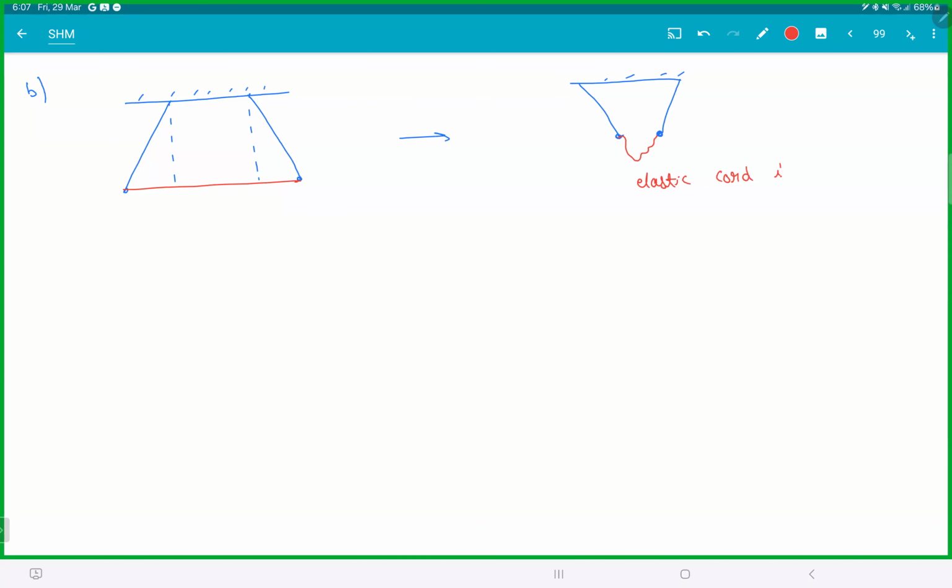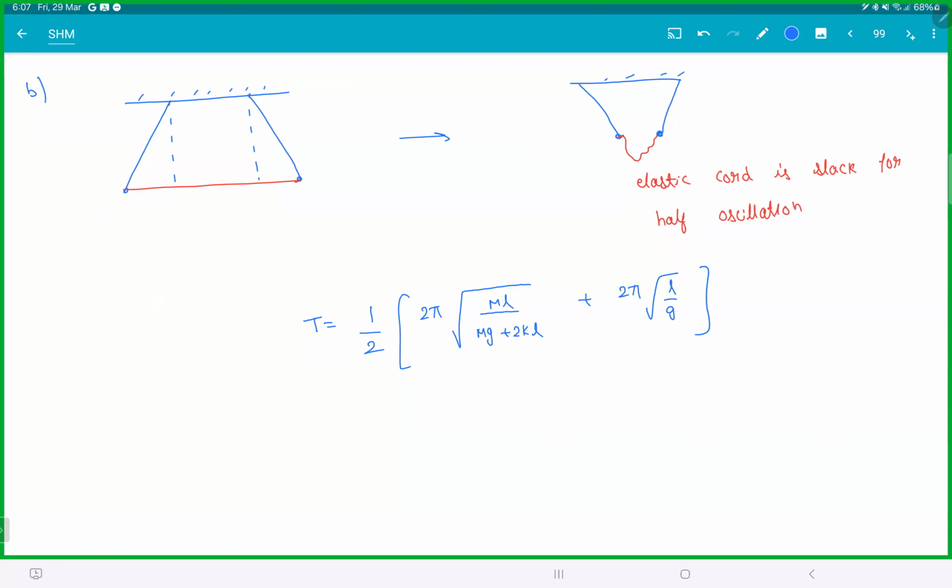So the elastic cord is loose or slack for half of the oscillation. Therefore, the time period will be half of 2 pi root over ml by mg plus 2kl, plus half of the regular oscillation 2 pi root over L by g. Half of each.